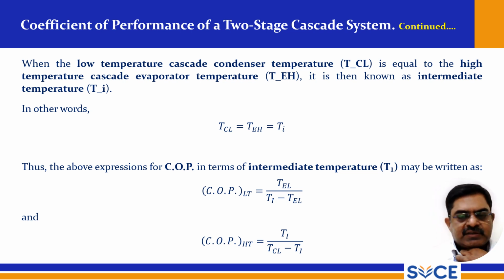So Ti is intermediate temperature. Intermediate temperature is a very important temperature here, and it will be very useful while solving the problems that we are going to see in our next session, students.